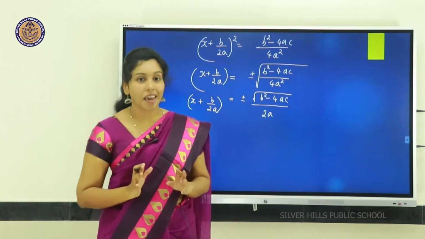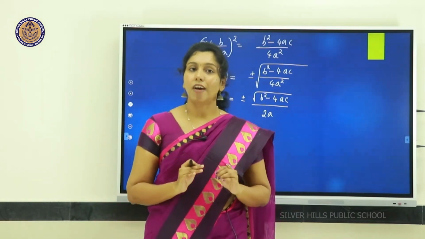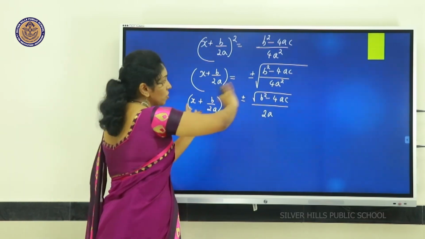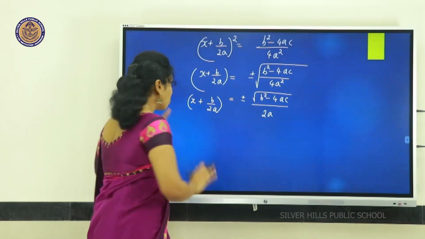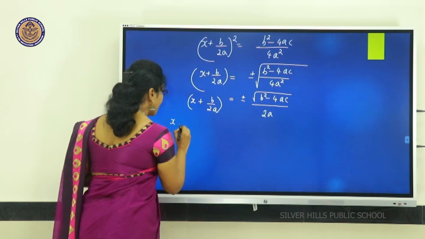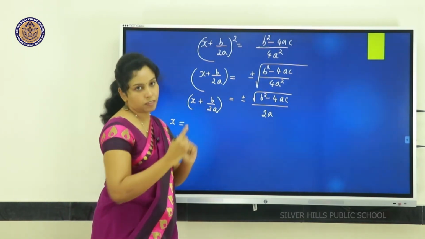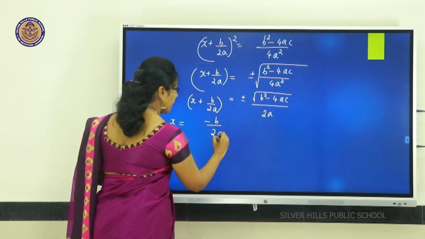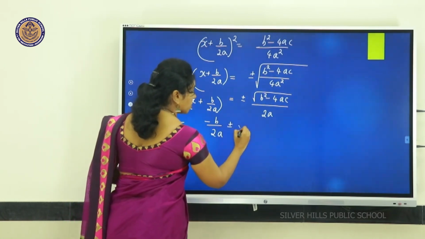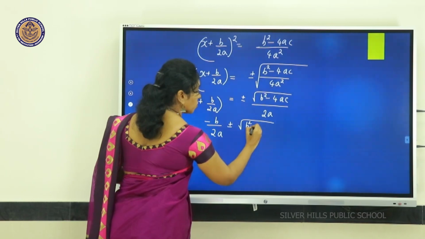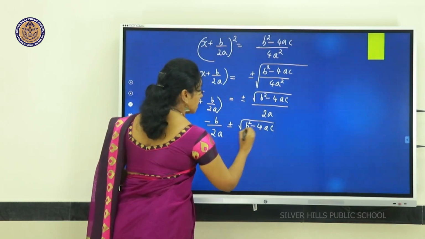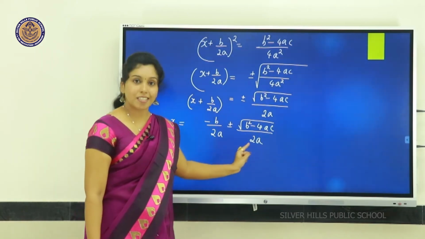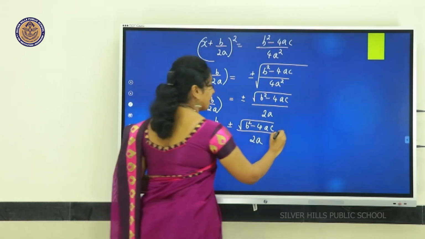Now what is our aim? Our aim is to get the value of x. So see, x is here and then so many numbers are here. So we keep x on the left side and this term I'm going to shift on the right side. So minus b by 2a plus or minus root of b square minus 4ac by 2a. Denominators are same, so I can combine the numerator.